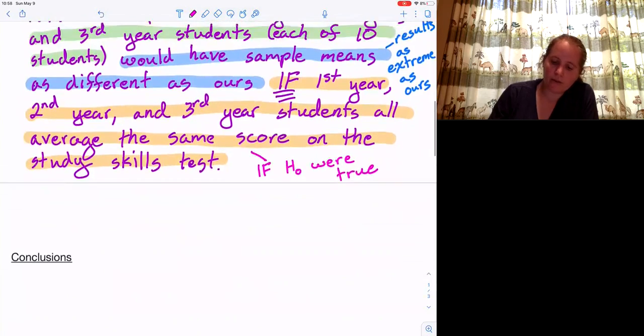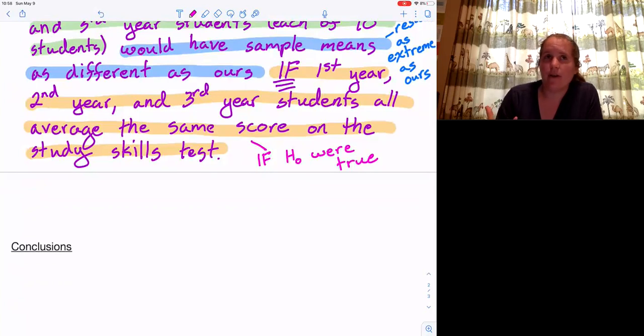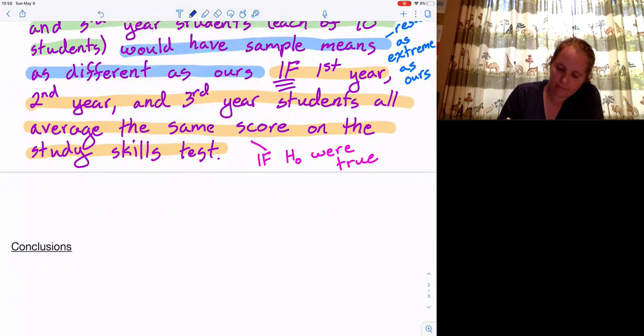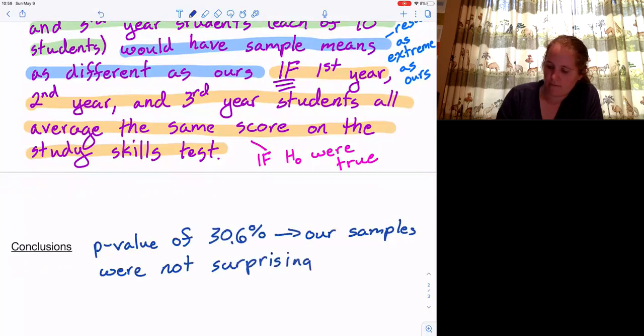So from here, we have our conclusions. Our p-value did not indicate that our samples were surprising. With a p-value of 30.6% chance, this means that our samples were not surprising if the null hypothesis were true.